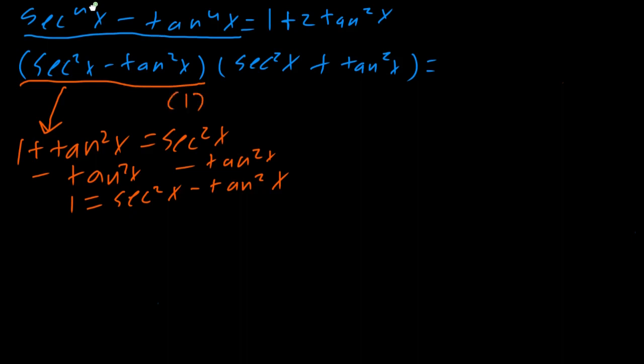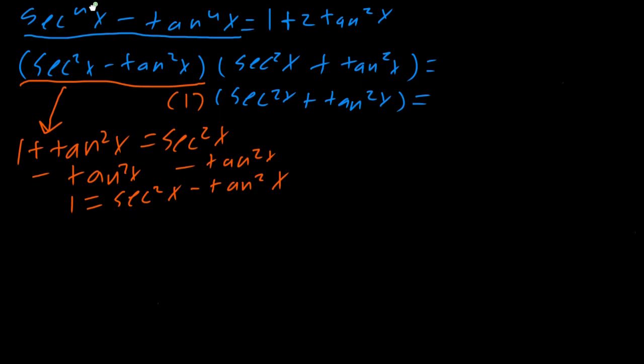So it's 1 times secant squared of x plus tangent squared of x. So 1 times a number is just that number.